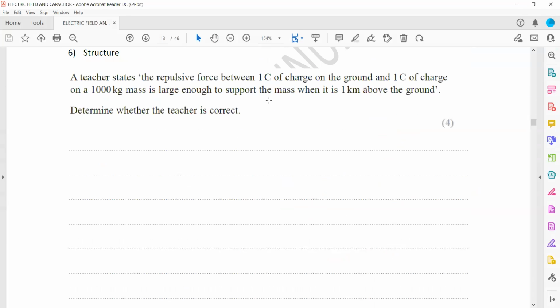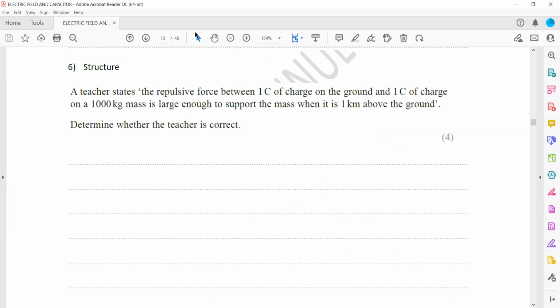And in question 6, a teacher states that the repulsive force between 1 coulomb charge on the ground and 1 coulomb of a charge on a 1000 kilogram mass is large enough to support the mass when they are 1 kilometer above the ground. Determine whether the teacher is correct.